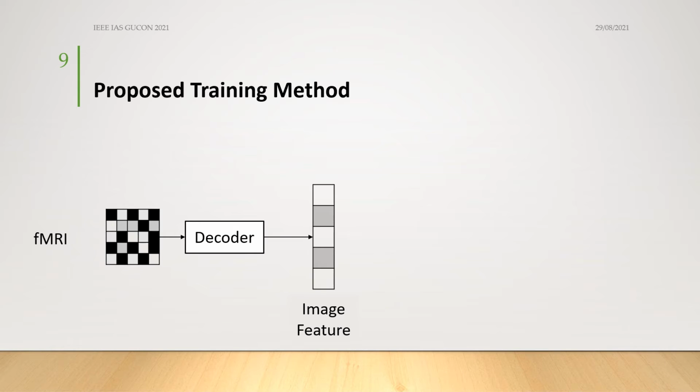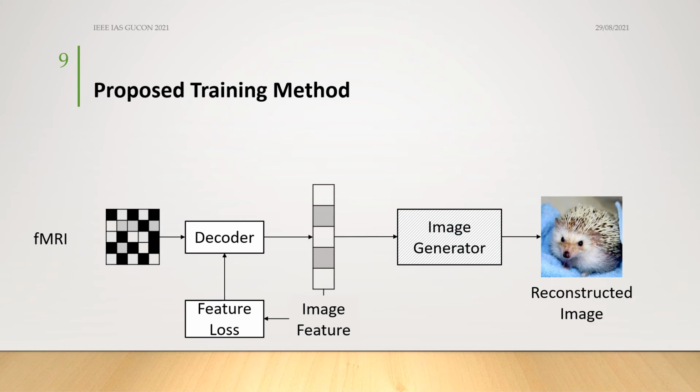Now to the method which we propose. It is similar to the decoder-based approach. We use fMRI to generate image features and train the decoder using the image feature loss. But we don't stop here. We use these decoded image features to generate an image.